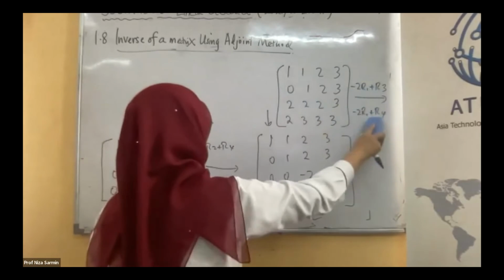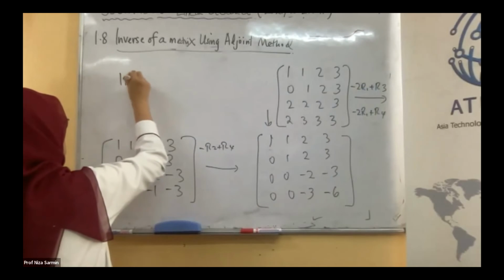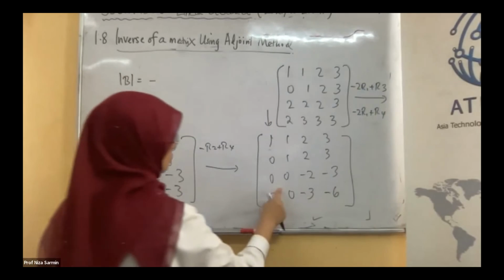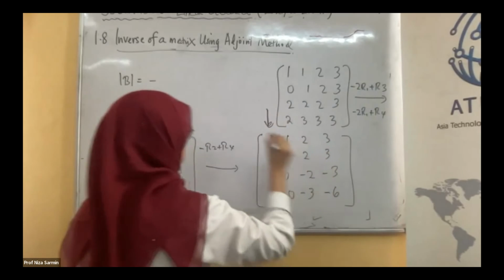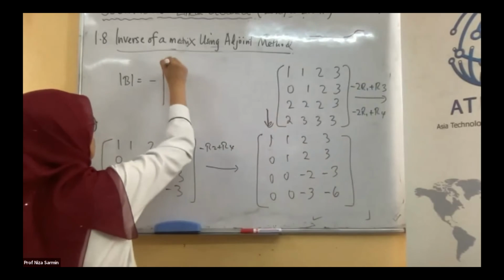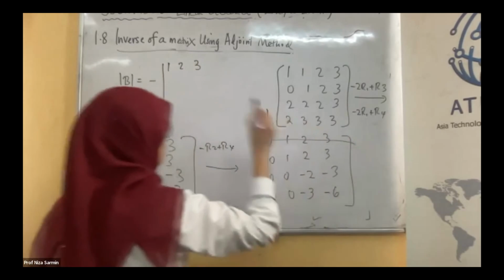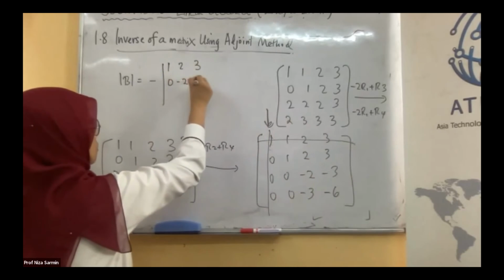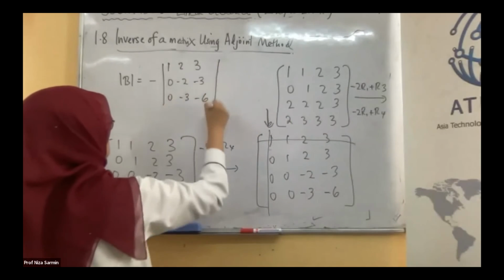And then this is okay, this is okay, this is okay. So the determinant of B is negative. This, right? I take this, 1, and then this. 1, 2, 3. 0, negative 2, negative 3. 0, negative 3, negative 6.